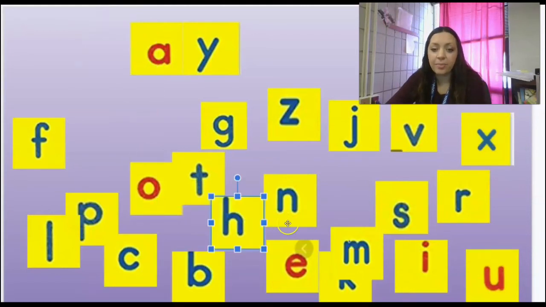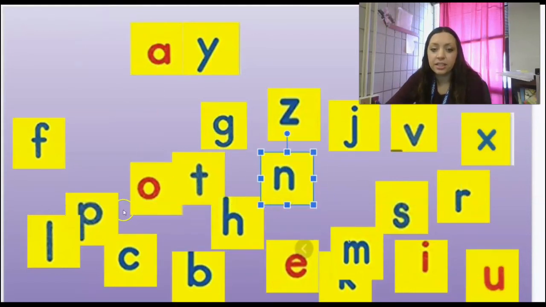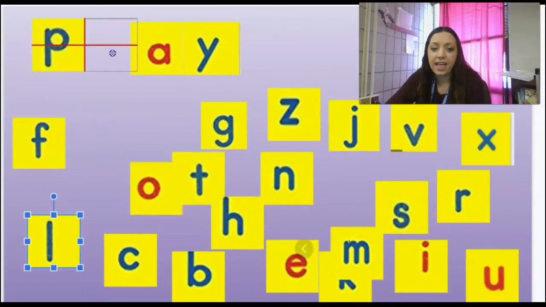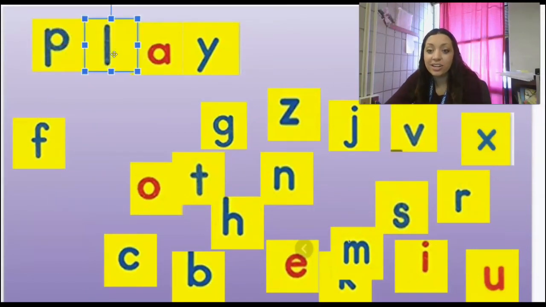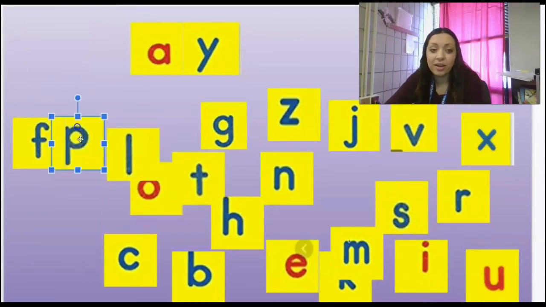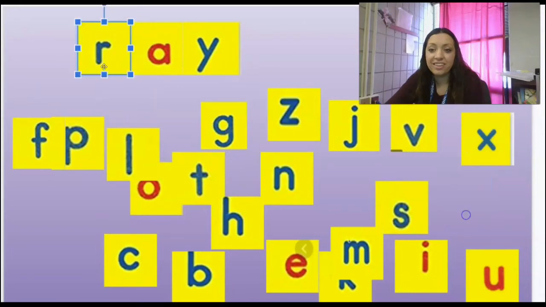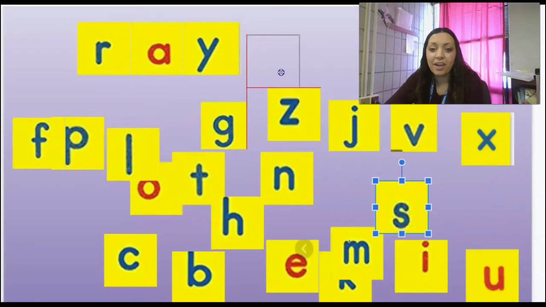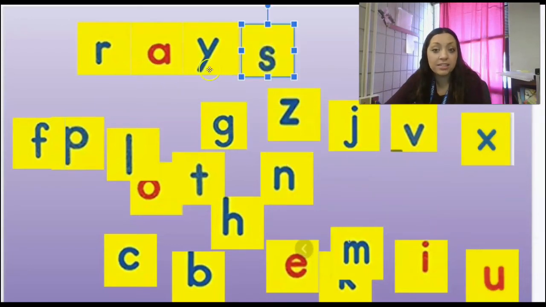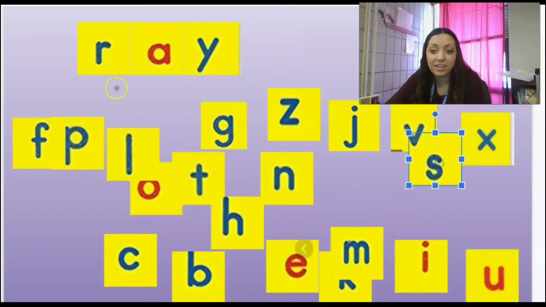What if I pull a PL in front of it? Now I have the word play, very good. What about if I pull an R in front of it? Ray, very good. Ray. Now, if I put an S, since it's a suffix, remember I can still spell it with AY. Rays, rays. Very good.